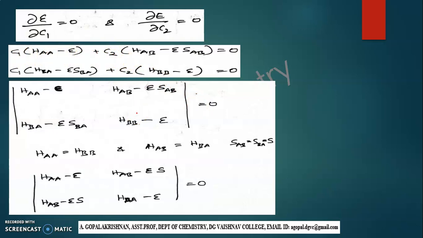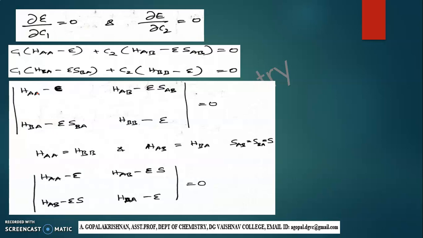Now, how to simplify the determinant? Cross multiply these two and cross multiply these two. Before multiplication, remember what HAA is. HAA is nothing but the energy of the electron when the electron is forced to occupy the 1s orbital of nucleus A in the hydrogen molecular ion.